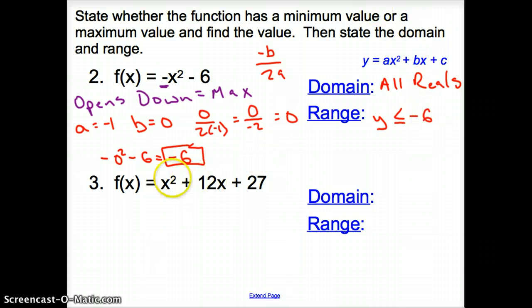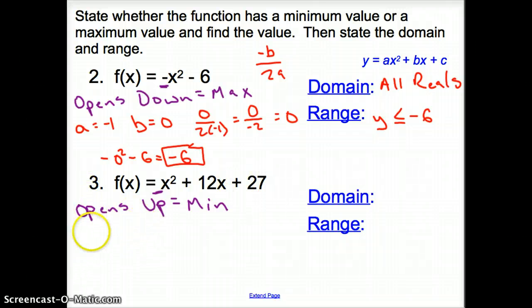Let's try one more. Here, we have a positive x squared. So since we have a positive, we know that it opens up, which tells us that we have a minimum. So now that we know we have a minimum, we have to find our axis of symmetry, plug your axis of symmetry into this guy to find your vertex, and that will be your value.